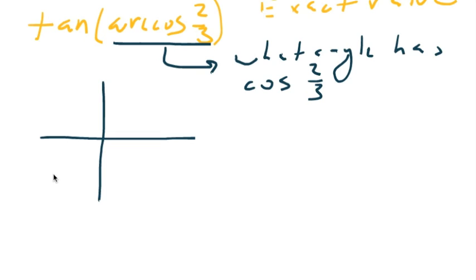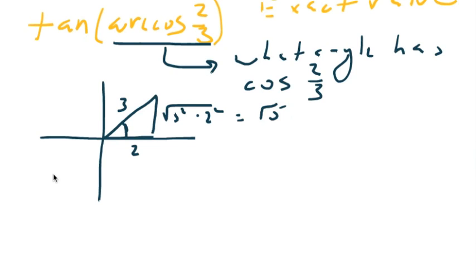We have arc cosine is 2/3. That means the x value of this angle is 2, and the hypotenuse is 3. It has to be first quadrant because it's positive. So this is our angle right there. We can find the third side using the Pythagorean theorem. So we get the square root of 3 squared minus 2 squared, and that's square root of 5.